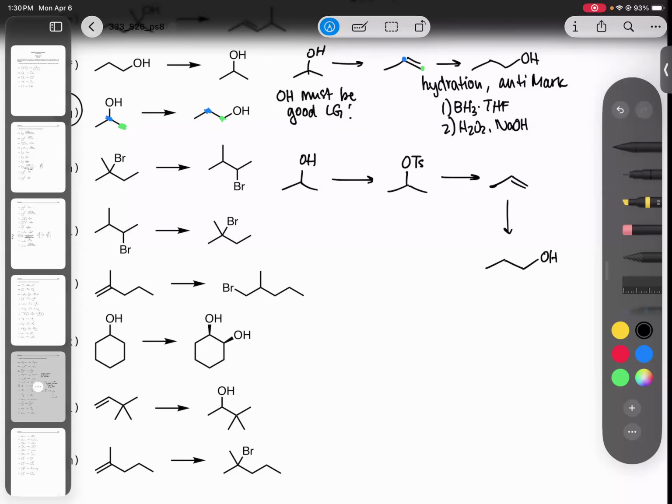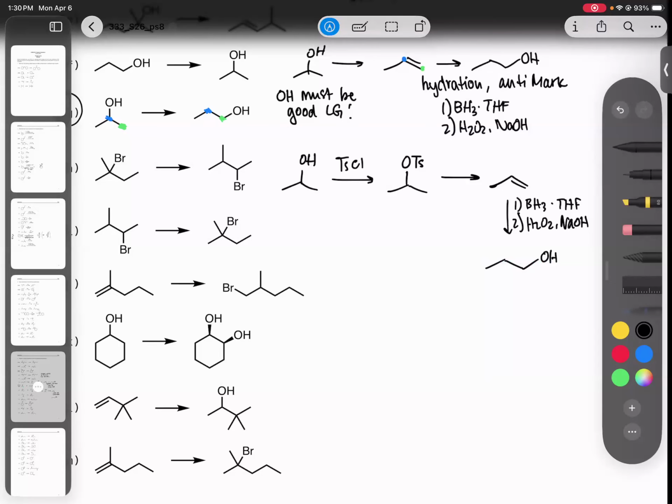So let's fill this in. Okay, to convert an alcohol to a tosylate, we need tosyl chloride.